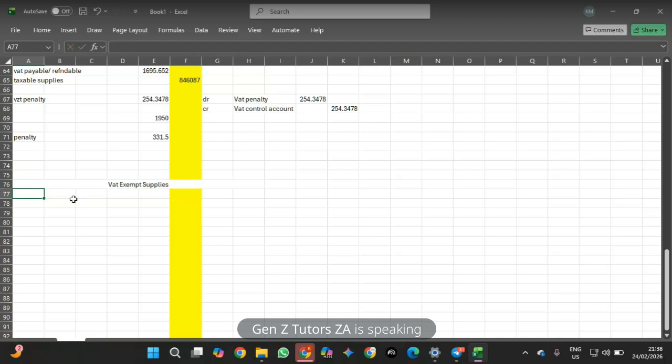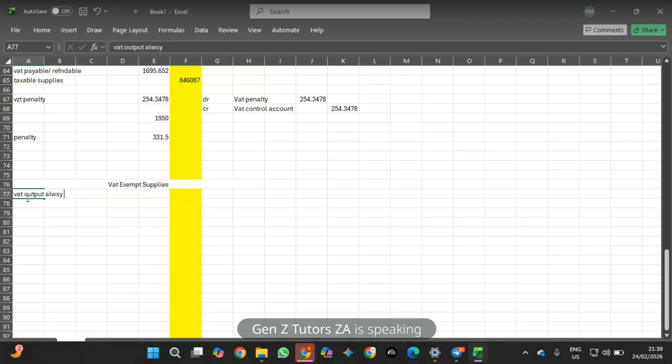Now, if you're a baker, most likely your VAT input will always be greater than your VAT output because of the way your products are supplied. Because your VAT output is always 0%.